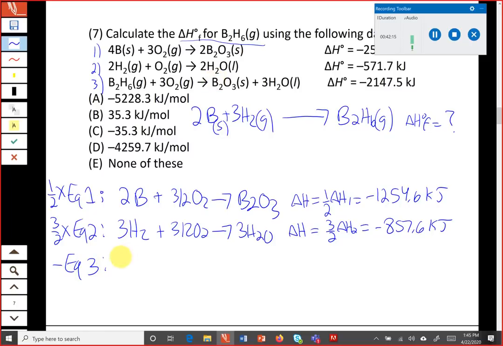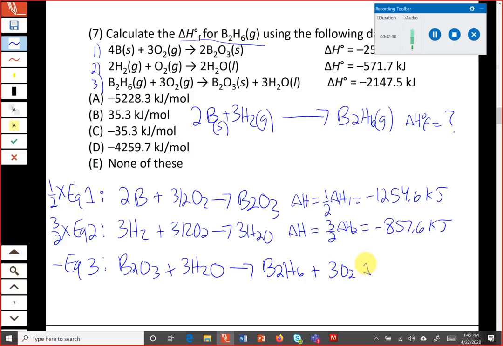That's going to put B2O3 and 3 waters on the reactant side, and then these reactants are going to be flipped over to the product side and give us B2H6 and 3 O2.